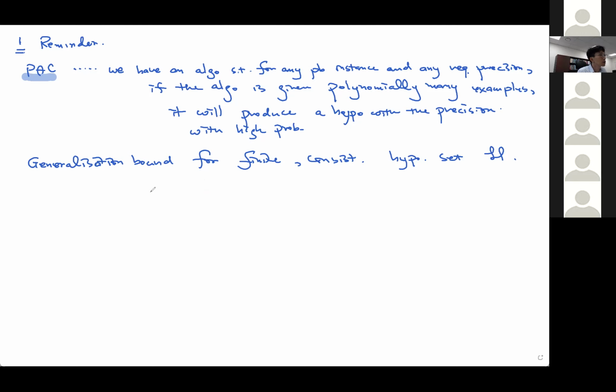if we give examples, in the order of, greater than, not the square root, but greater than 1 over epsilon times log of the size of the hypothesis class plus log of 1 over the required probability delta, then we have this result.